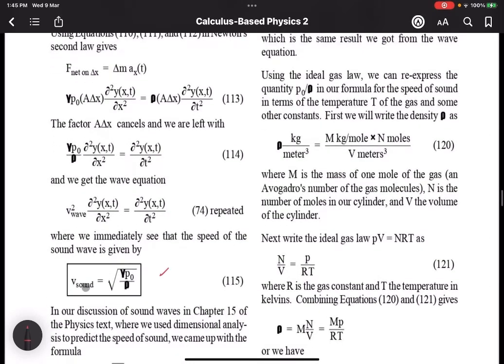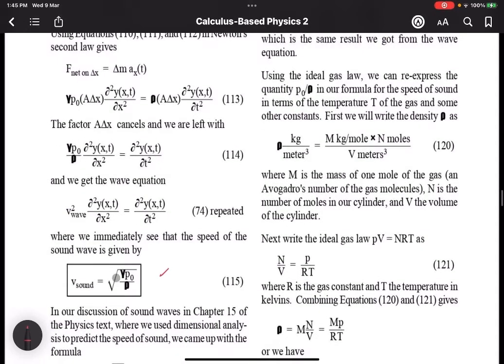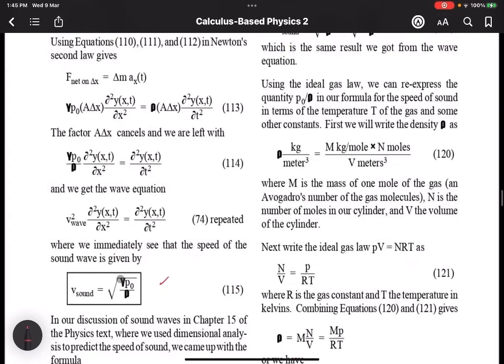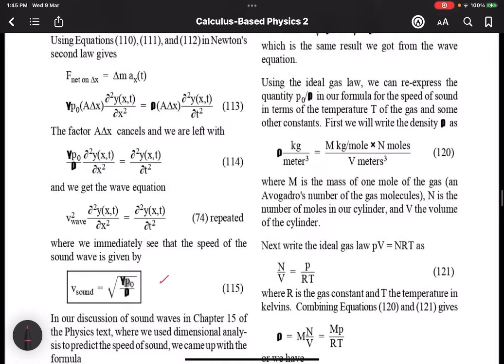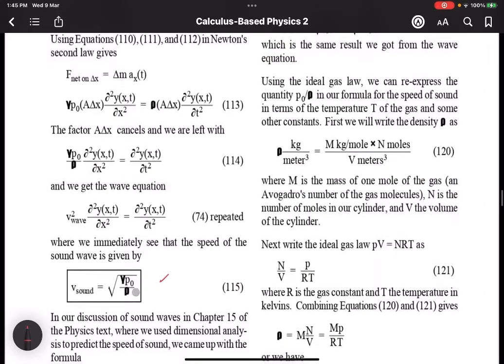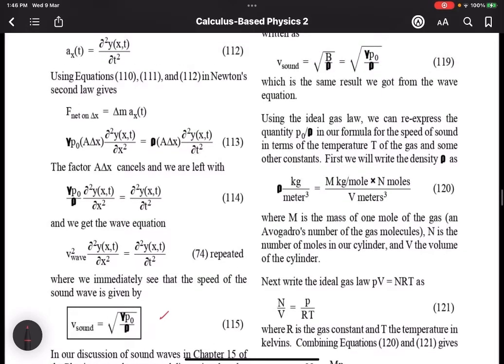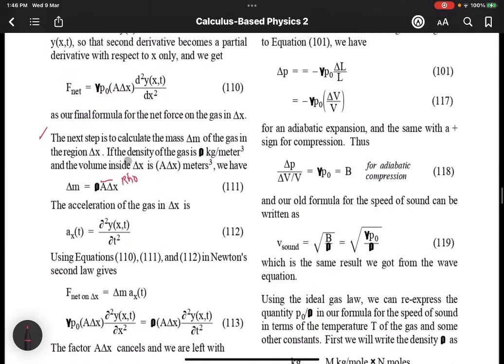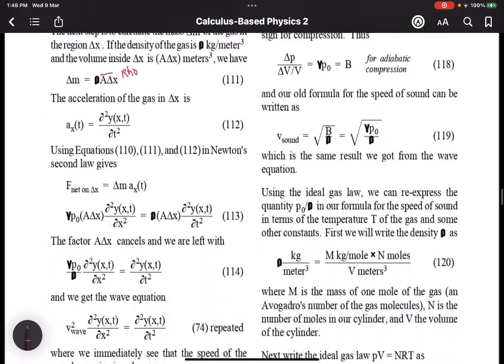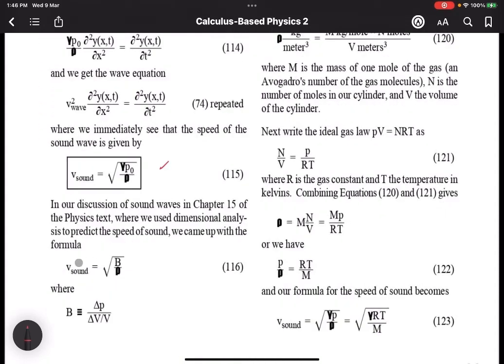The velocity of the sound wave is equal to the square root of γ, the constant heat ratio, times the pressure P0 over ρ. What is ρ? It is the density of the gas. So we have another formula, the same as formula 115.